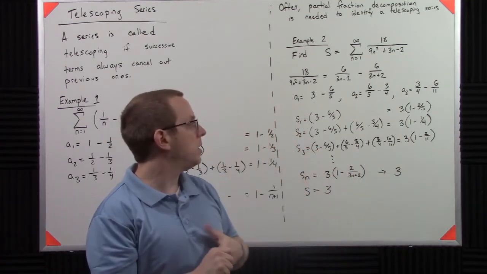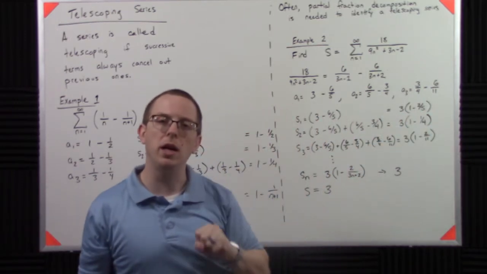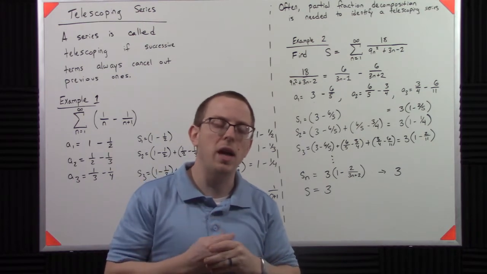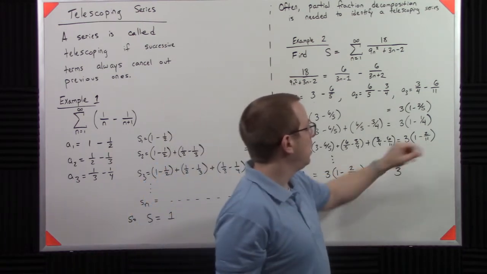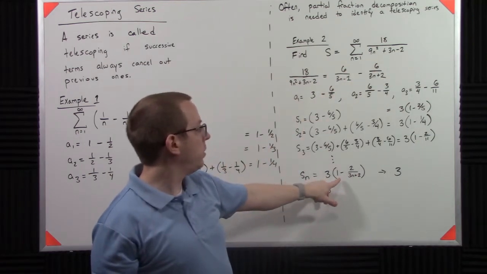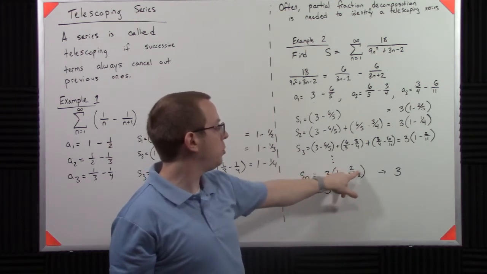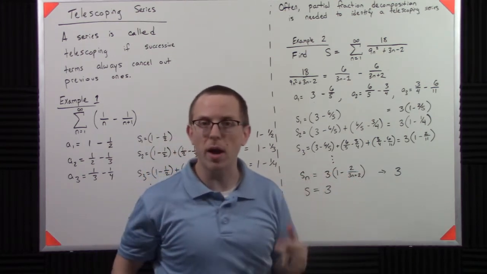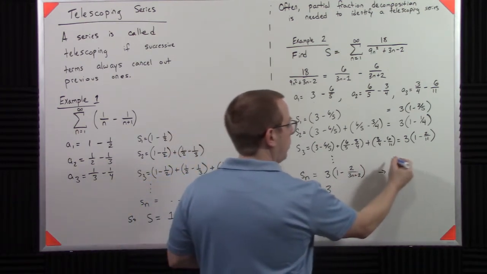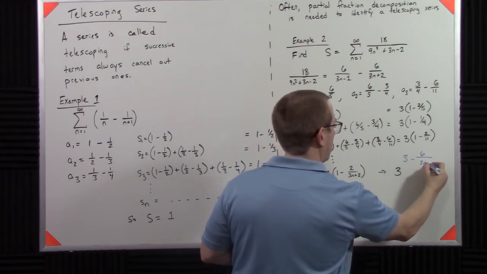So what I'm seeing is that it's 1 minus something, and that something is shrinking. But shrinking isn't enough. You need to be a little more explicit. How can I write this in terms of these? It actually turns out that it's 3 times 1 minus 2 over 3n plus 2. Another way to write this, and maybe you'll like it better, would be 3 minus 6 over 3n plus 2.